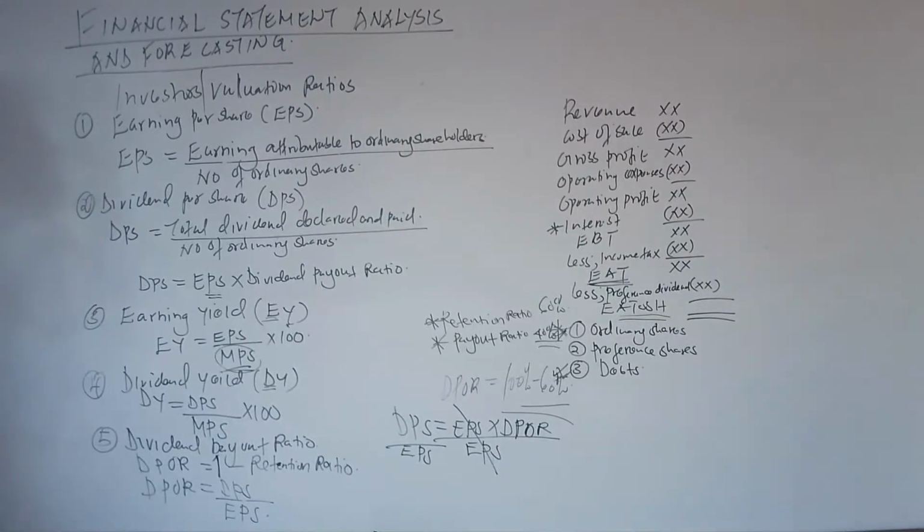We look at the dividend cover and write and say this indicates the number of times ordinary dividend is paid out from the earnings available to ordinary shareholders.